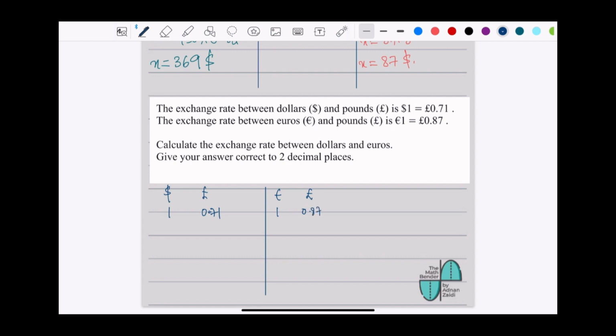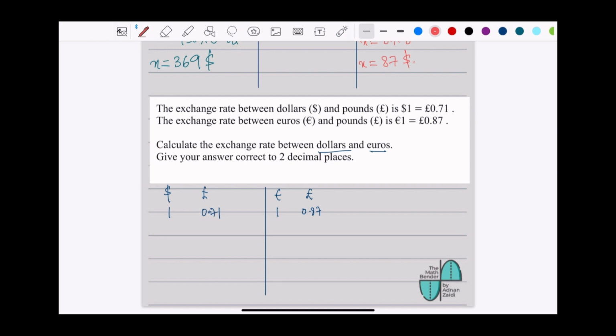So now there are three different currencies that are to be exchanged, and we want the rate between dollar and euros. So $1 is equal to 0.71 pounds, and €1 is 0.87 pounds.